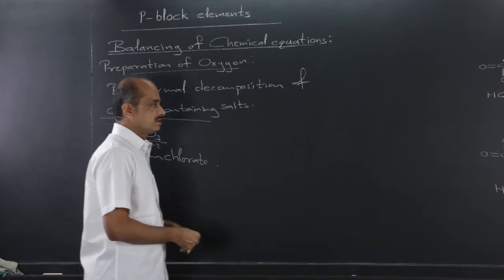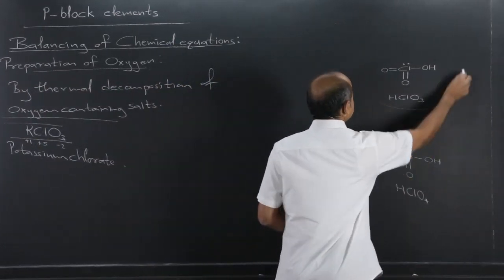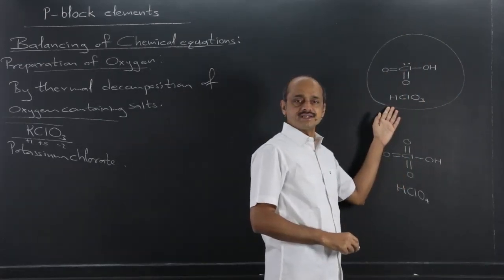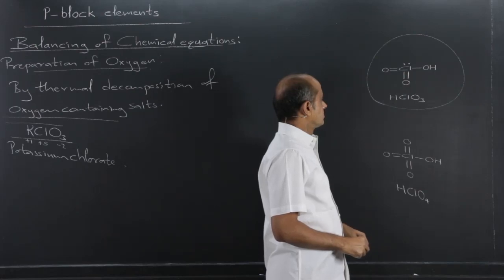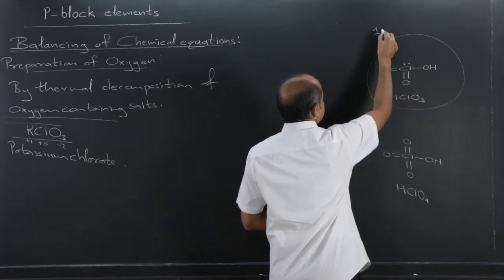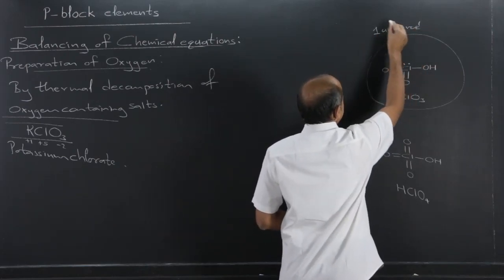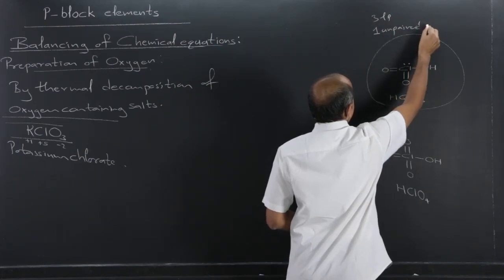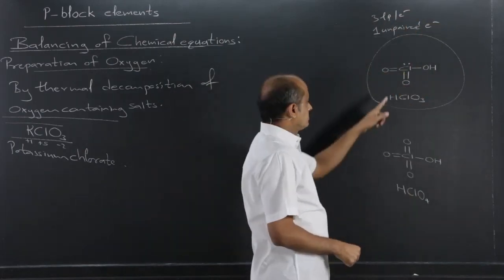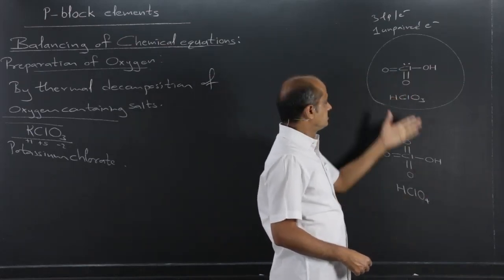Now, if it is chlorate, then the salt is derived from this acid, oxyacid of chlorine. Since chlorine has one unpaired and 3 lone pair of electrons, out of 3 lone pairs, 2 lone pairs are involved, 1 lone pair is there.